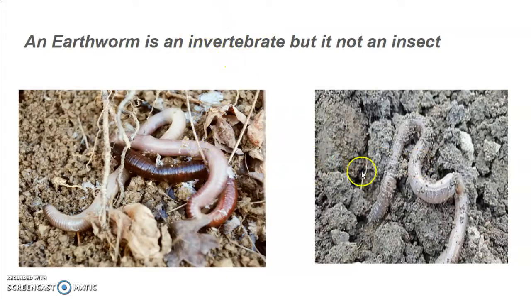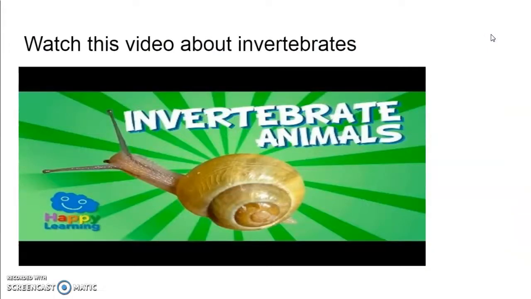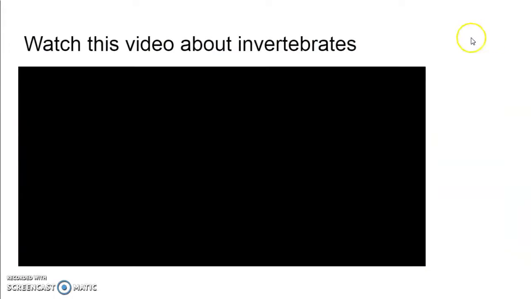So here is another example of invertebrates, which is the earthworm. I think all of you know its shape. I want you now to watch this video about invertebrates. Hope you will enjoy.